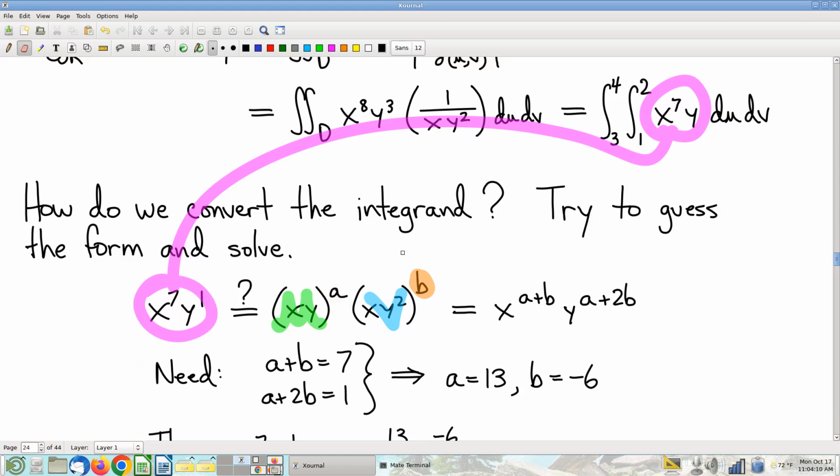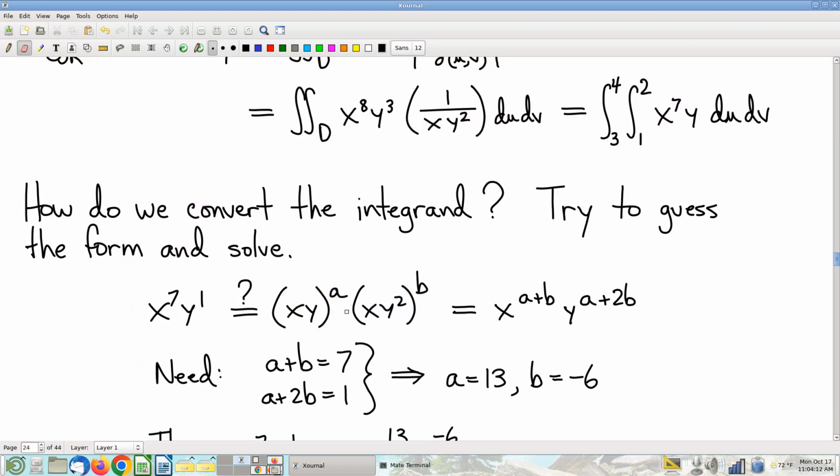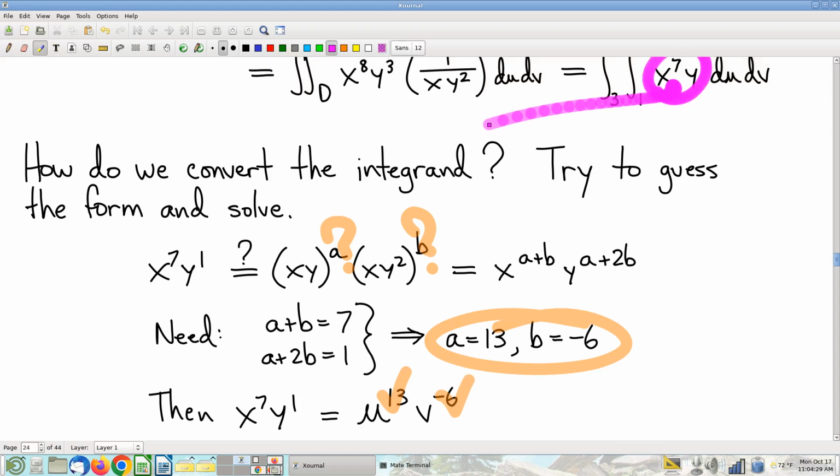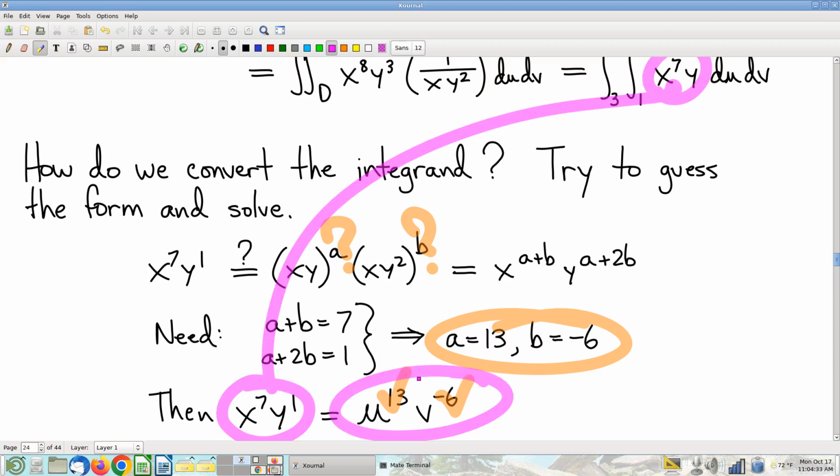And with this being the case, you can do a little bit of algebra and solve for these A and B. Product of what powers should you take? You do the algebra. There you go. And so this integrand that I had, I've now written in terms of u and v. Okay. Everybody all right?